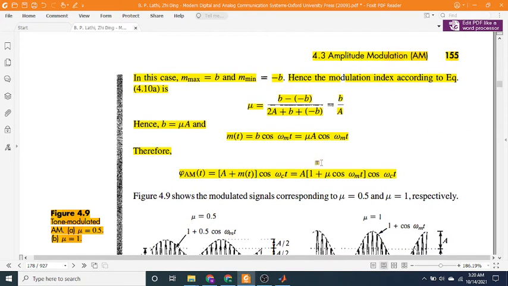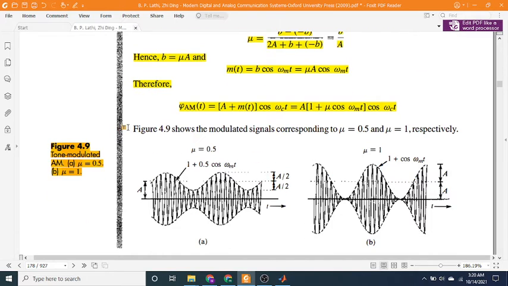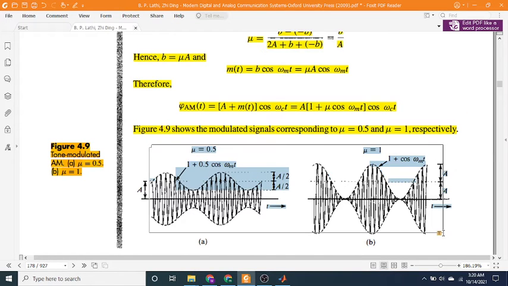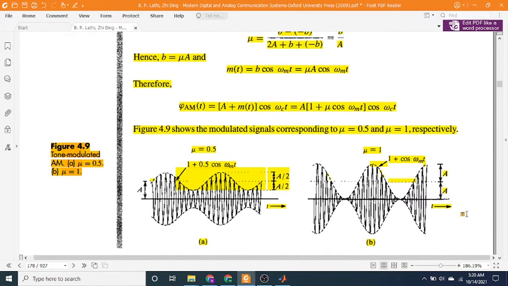Figure 4.9 shows the modulated signals corresponding to μ = 0.5 and μ = 1, respectively.